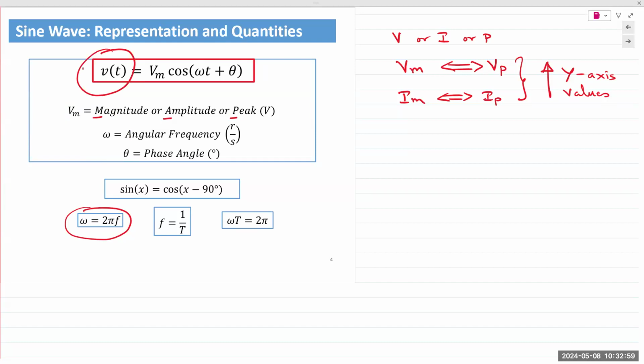So when you write this expression, the overarching unit for the entire expression is always that quantity. In this case, it's volts. If it's I of t, it would be amps. If it's P of t, it would be watts. Any questions? Okay. Individually, the 3 quantities have different units, but overarching is basically what that quantity is. V of t, volts.